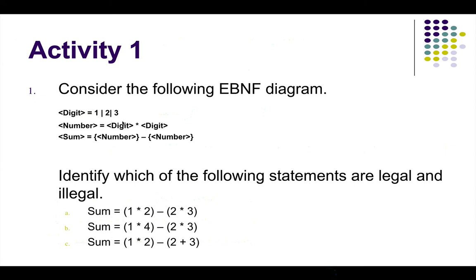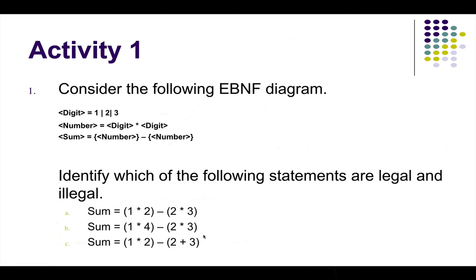A number is a digit multiplied by a digit. So within here, it's a digit multiplied by a digit. Which of the following statements works? Now, one of these statements I can immediately eliminate, and it is B. The reason why I know I can immediately eliminate B is a digit can only be 1 or 2 or 3, and B has 4 in it.